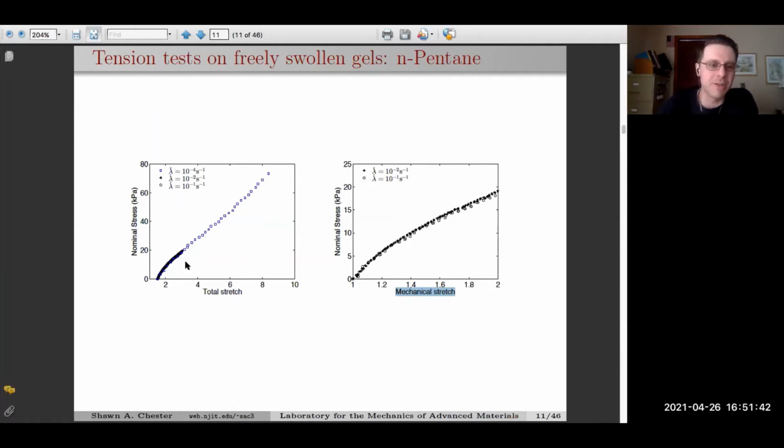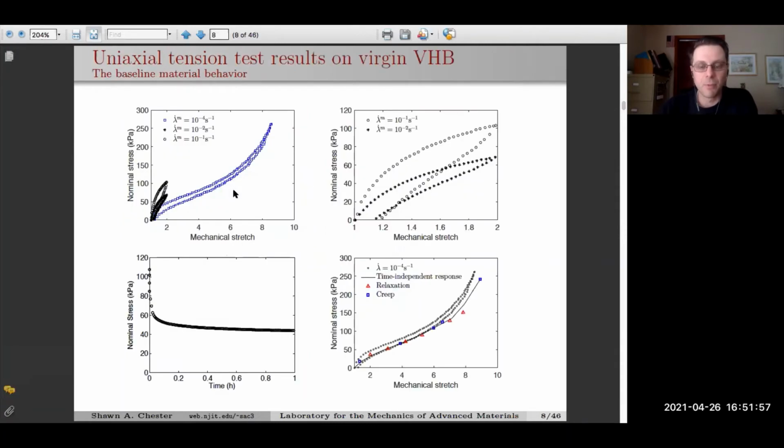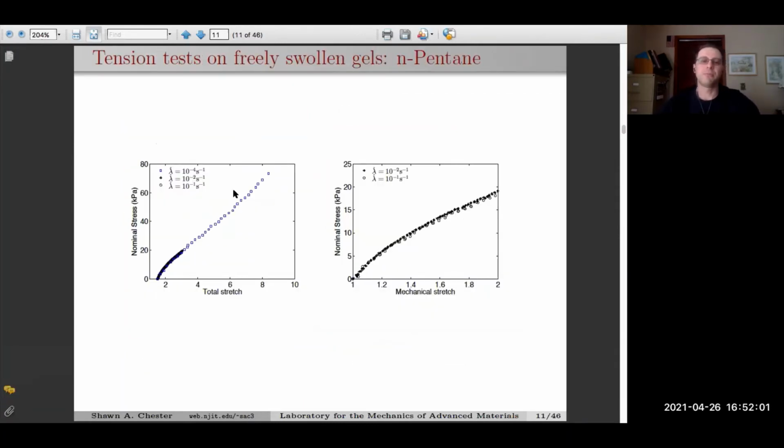So what's really unique here? The legend gives it away. You have 3 different deformation rates, but yet all of the data is on top of itself. What happened to the viscoelasticity, right? So here we are now that it's swollen. The viscoelasticity seems to be just gone completely.